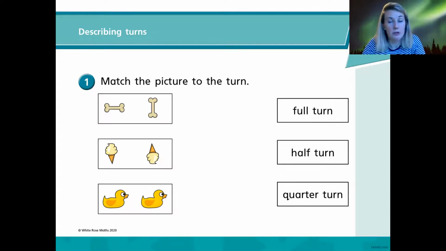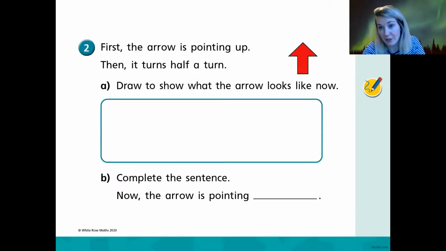Or to do it with objects. You can play it as a game with your families. Find things around the house that do turns, like doors, windows, cupboard doors, books, the way that you can describe how they're moving. Okay, I'll carry on. If you want to pause me while you have a go doing it yourself, or if you want to do it with me, that's fine.